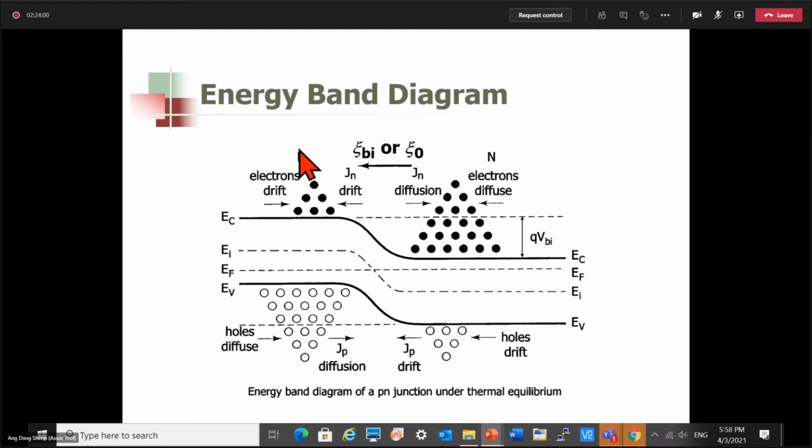Okay, the EC in the P is higher than the EC in the N. Similarly, the EV in the P is higher than the EV in the N. All right, in other words, there is an offset in the Venn diagram across the p-n junction. Okay, all right, so that's the first observation. It's quite straightforward.